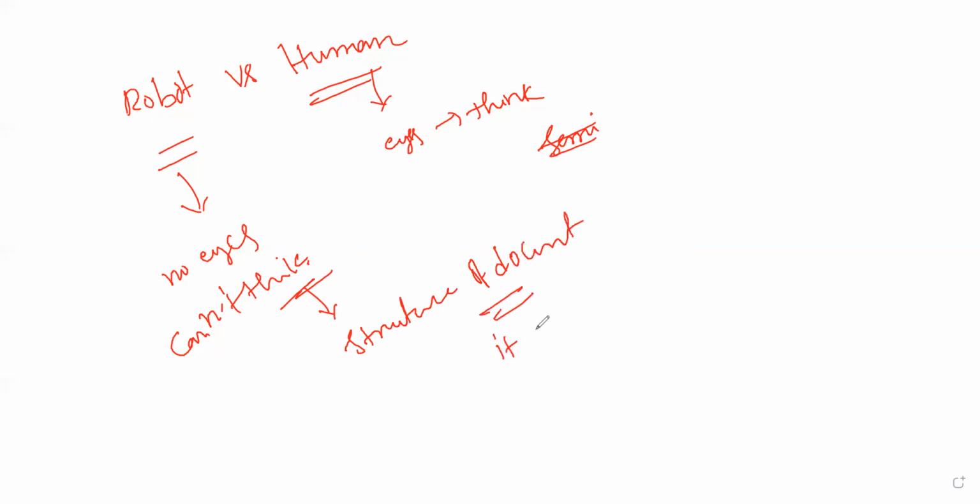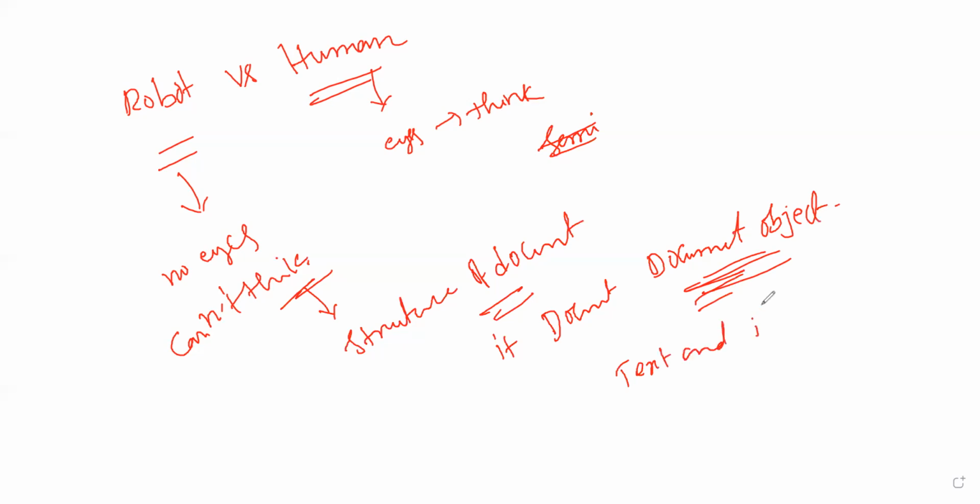It will convert our document to a document object model, which we will discuss in detail in the next session. For now, just understand that the robot will convert the document into a document object model, which includes text and its positions.